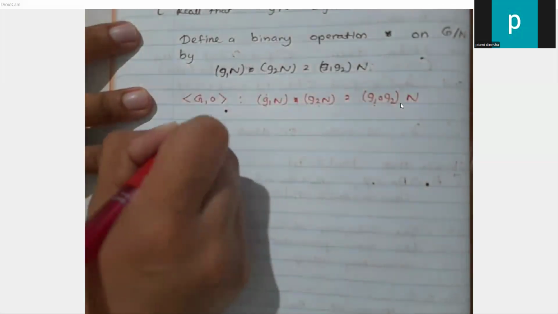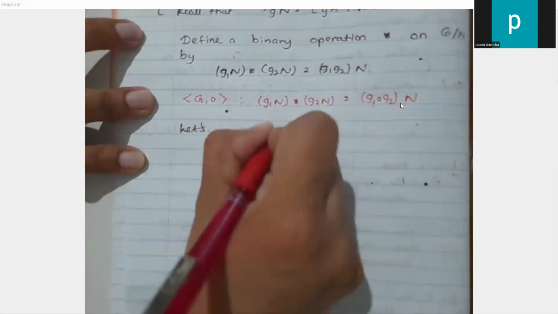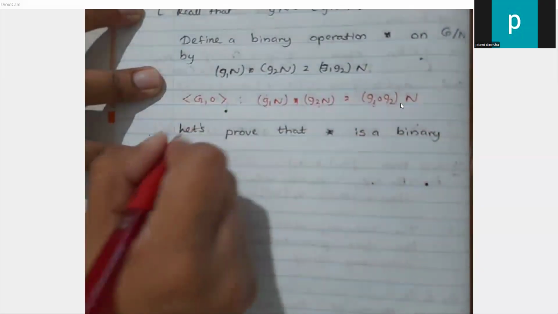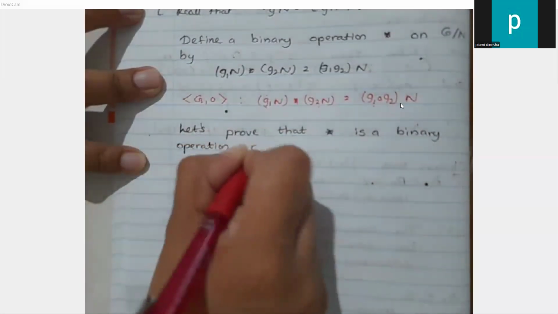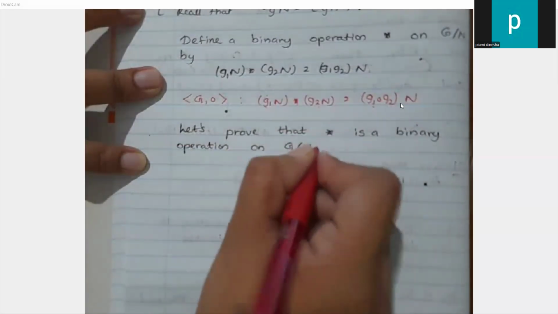Let me write first. Let's prove that star given over here is a binary operation on G over N, right?